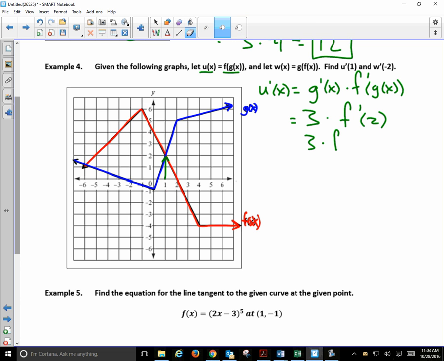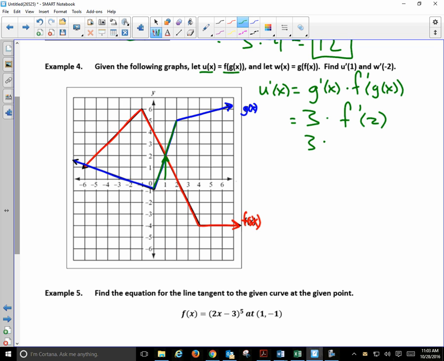So now I got 3 times F prime of 2. The 3 means the derivative of G at 1. So at 1, the derivative of G means the slope, and the slope right there is 3.